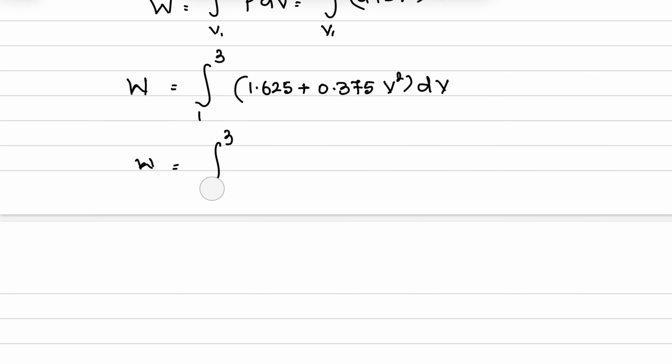The integral sign is gone. We can calculate something constant dV, that is V only. For this value, this will be 1.625 V. What are the limits? 1 to 3.